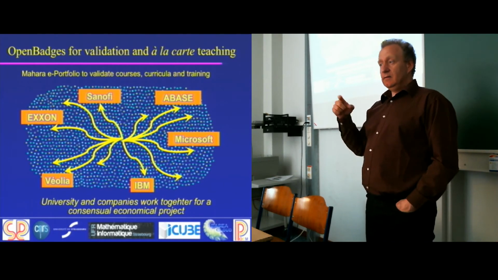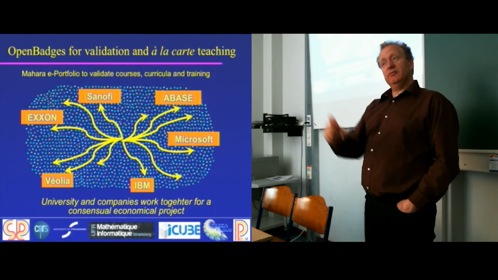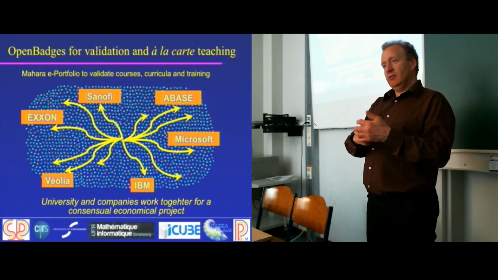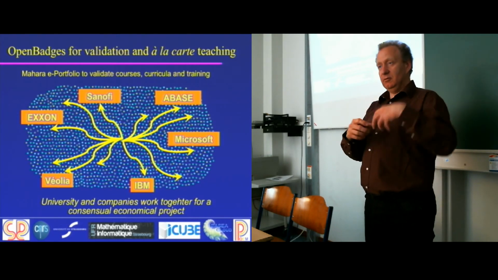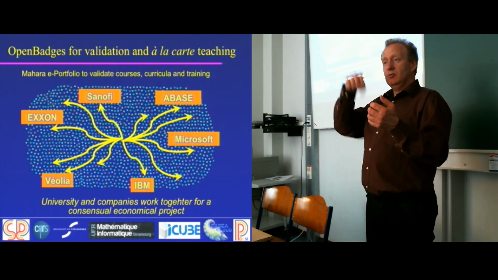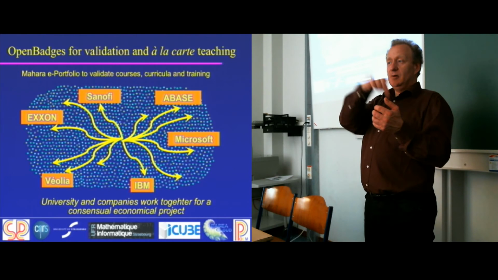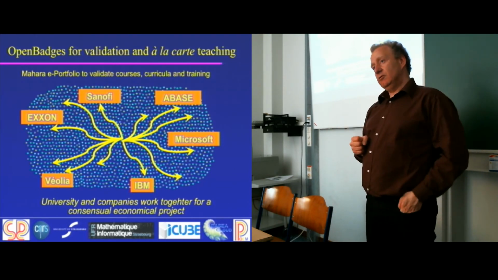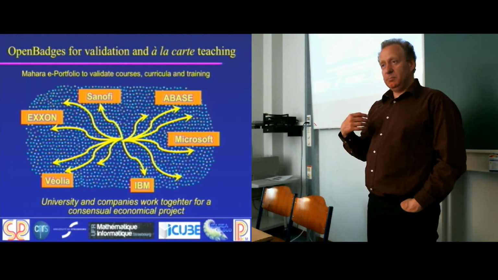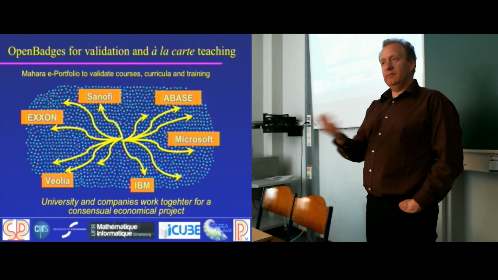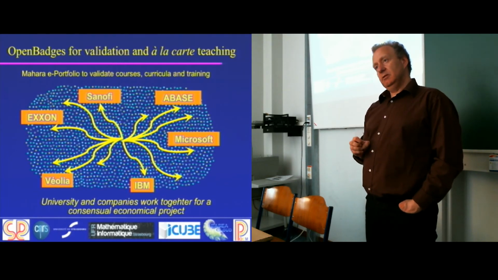And so there will be some people who are philosophers and who will say, okay, in order to validate my course of philosophy on the history of mathematics or the development of mathematics, then you have to have validated a course on mathematics, a course on linguistics, a course on blah, blah, blah, and then it will be validated too. So it's up to the people to say what contents they accept for validation of their open badge.